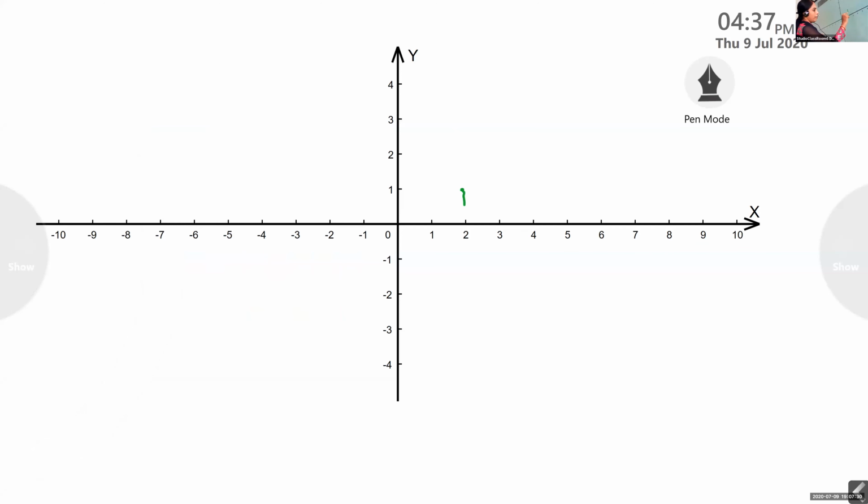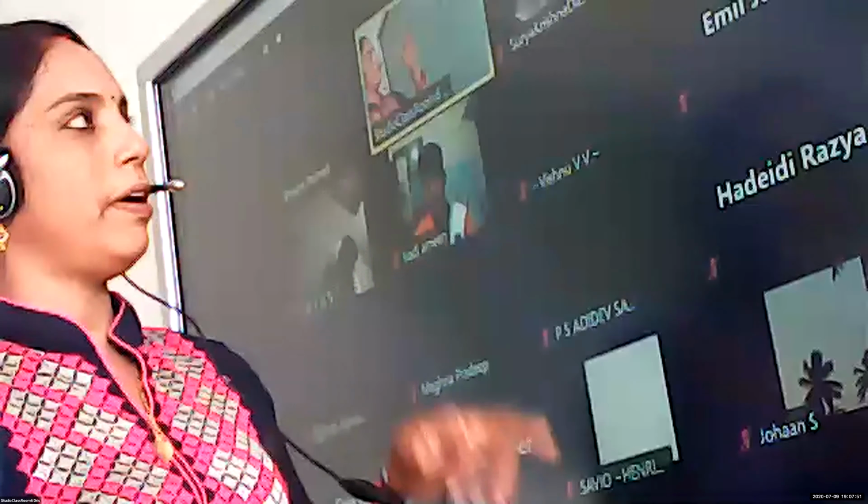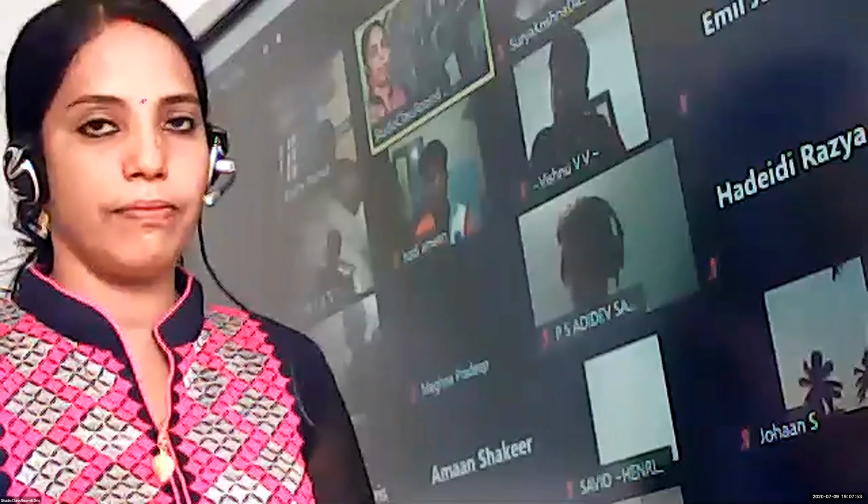To locate this point, you have to draw one perpendicular line here and one perpendicular line from here also. Did you understand? Look at the board. I have to locate this point. Are you familiar with the location of points?